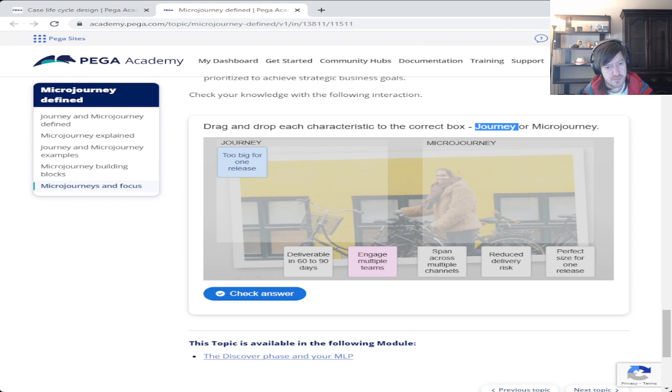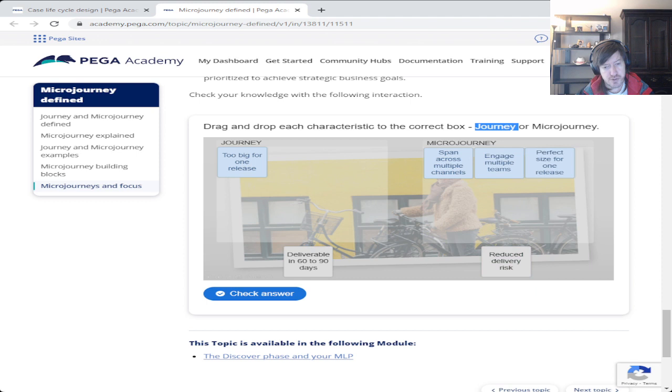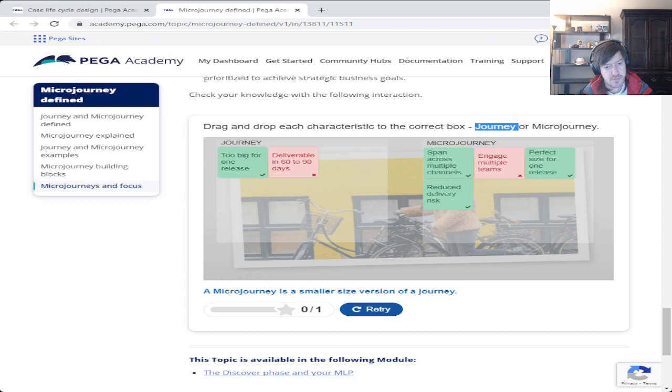Span across multiple channels, engage multiple teams, perfect size for one release, reduce delivery risk, and they probably want it deliverable in 60 to 90 days there. Nope, apparently not.